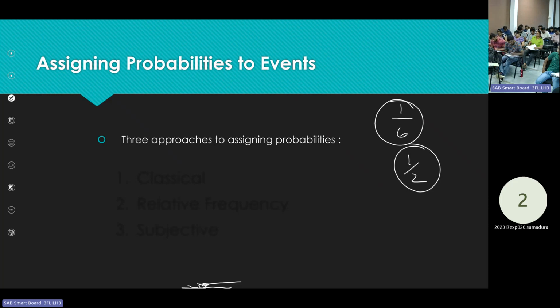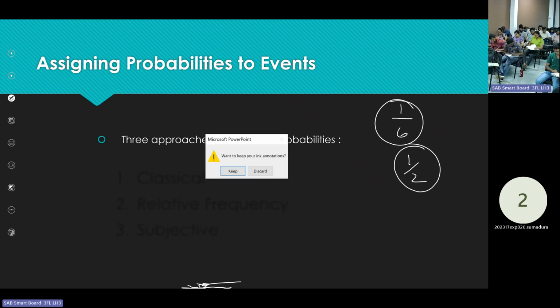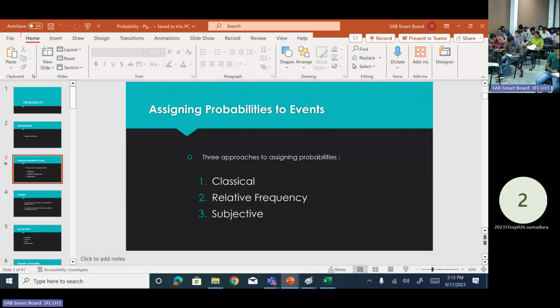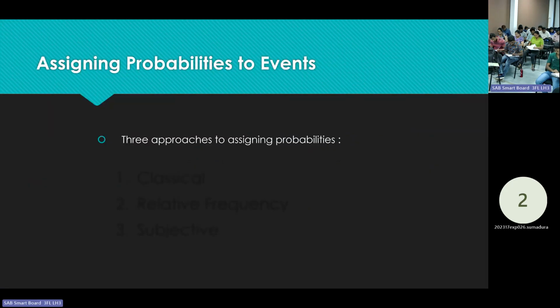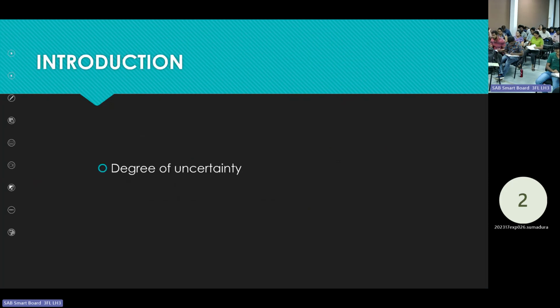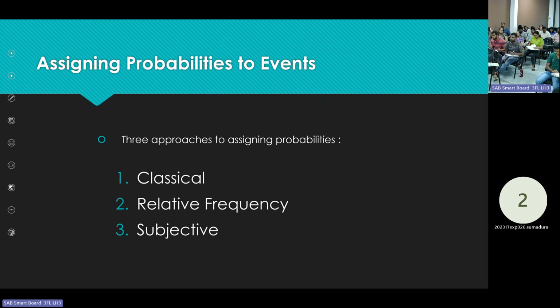There are three approaches to assign probabilities to an event.